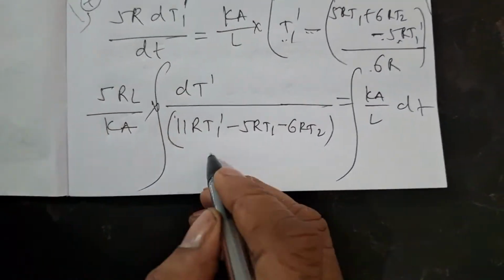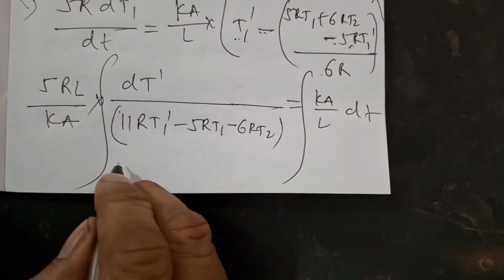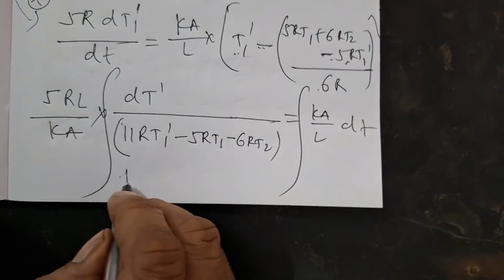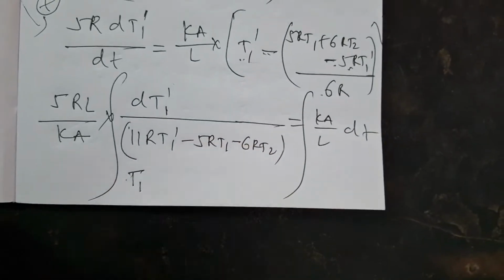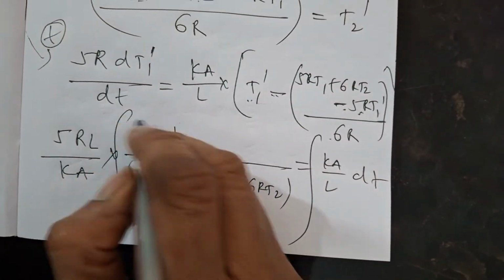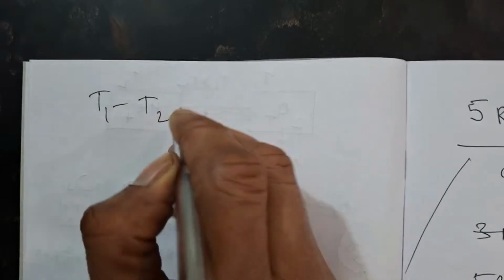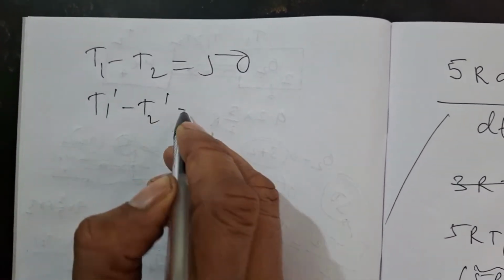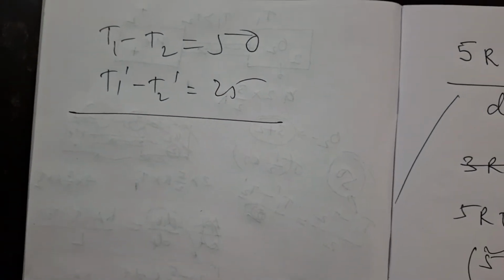You know the values given, initial T1 is already known. See once, the initial is T1, the initial body temperature, you know T1. Now the final you need to calculate. Initially T1 minus T2 you are given as 25, and T1 prime minus T2 prime you also said 25.